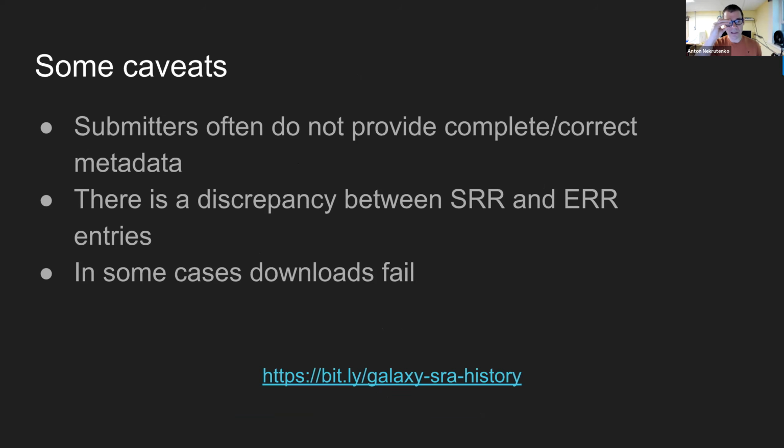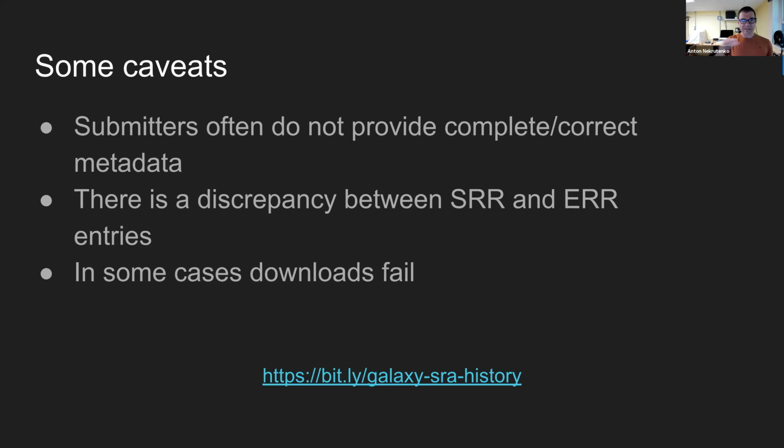Yes, so actually, I don't know, maybe Yuri can correct me, but there are several places where primary read data is deposited. So there's a Short Read Archive here at NCBI. There's also a short read archive in Europe, under the EMBL umbrella, the European Nucleotide Archive.